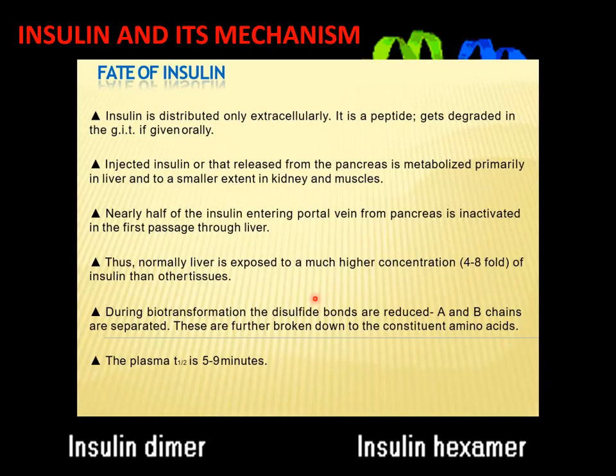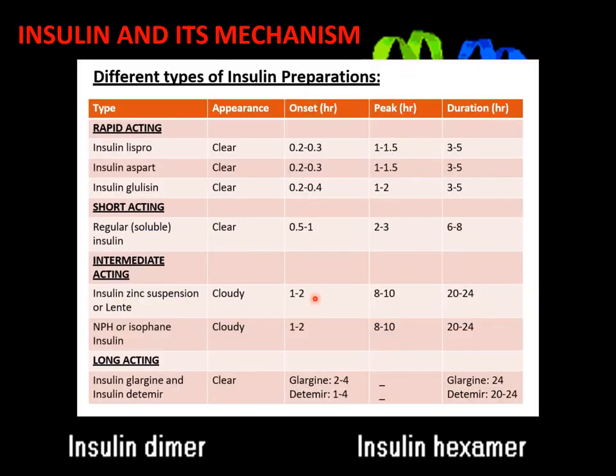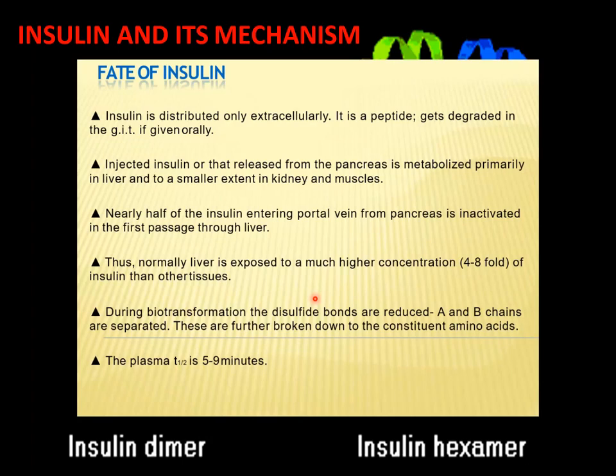Fate of insulin. There are many pathways for insulin. Insulin is distributed in the extracellular space, and as a peptide it gets degraded when taken orally because of the high acidity in the GIT. So the important thing is injection of insulin.